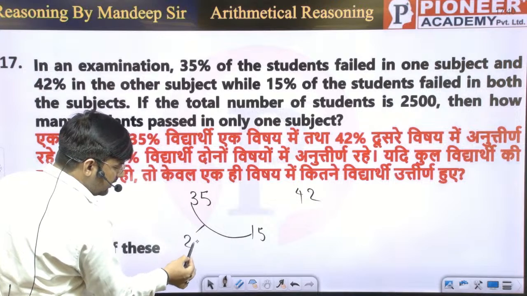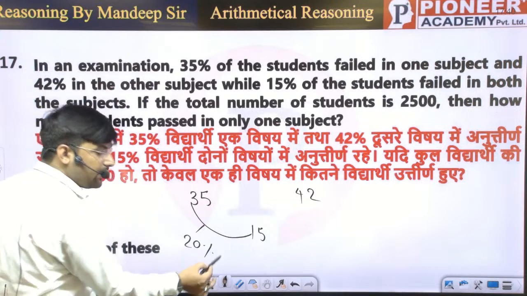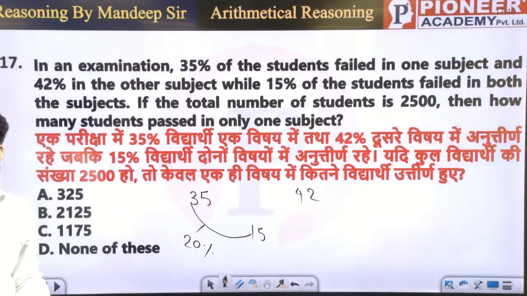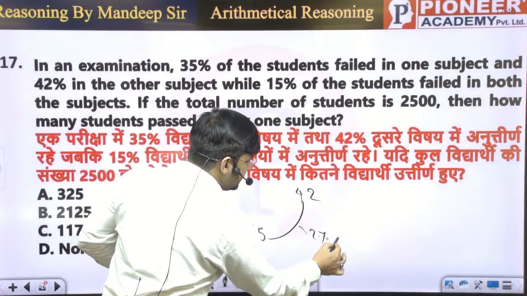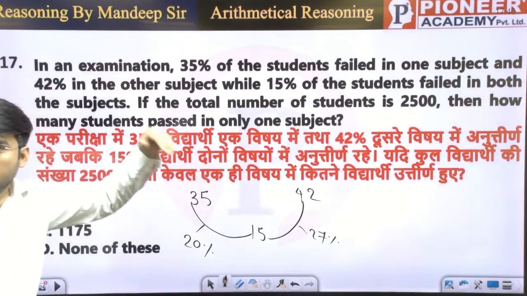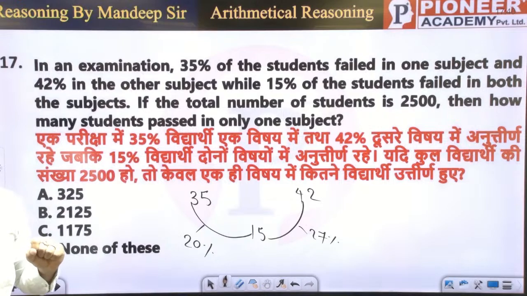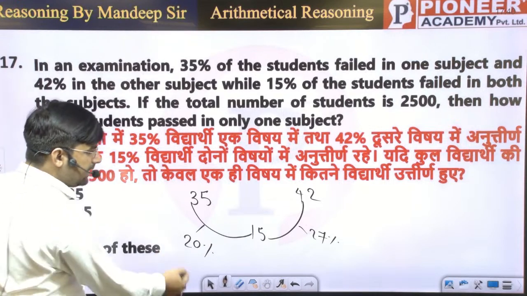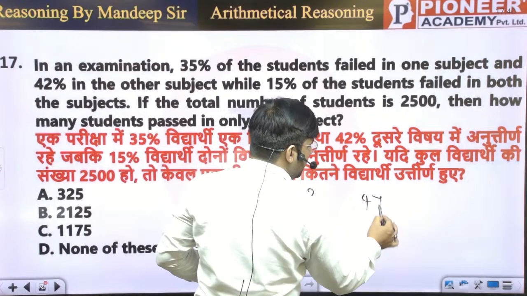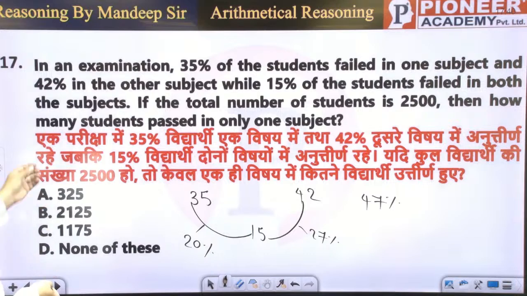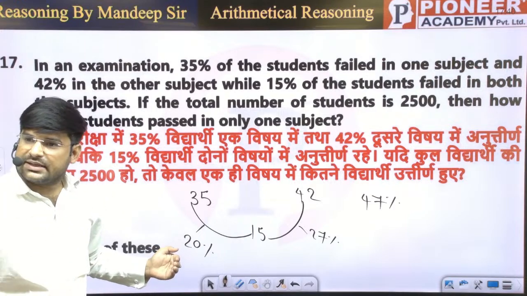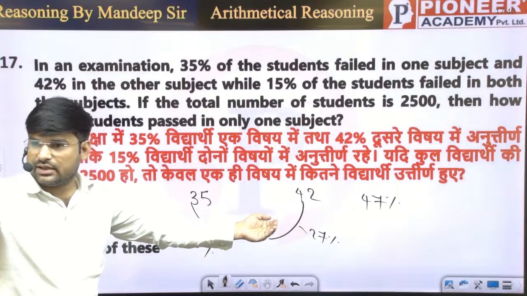If you take the difference, 35 minus 15, 20% is those who failed only one subject, and 42 minus 15, 27%, those who failed only the other subject. So 20% and 27% becomes 47%. And we have to say, if the total number is 2500, then how many students failed in only one subject? 20 in one subject and 27 in another.